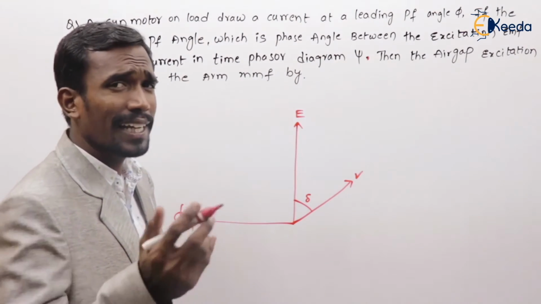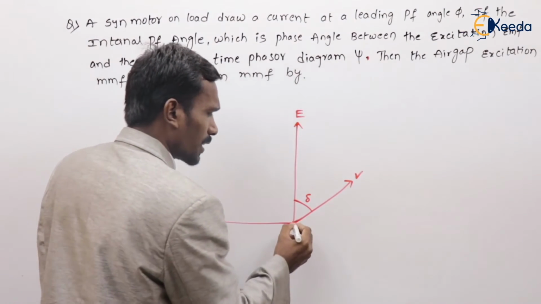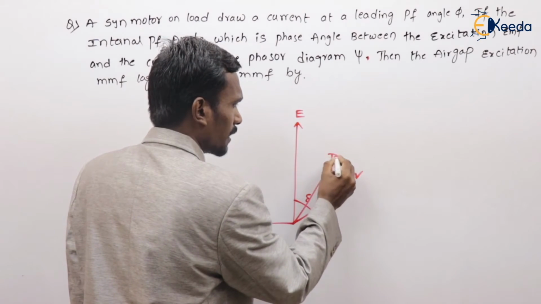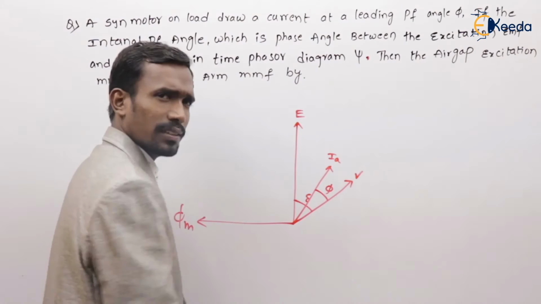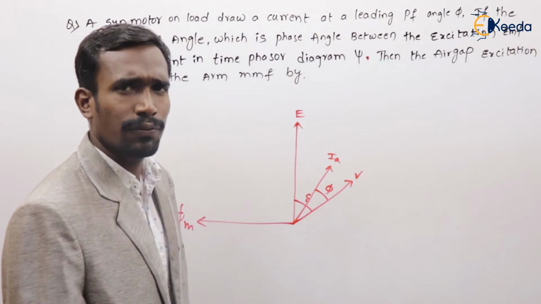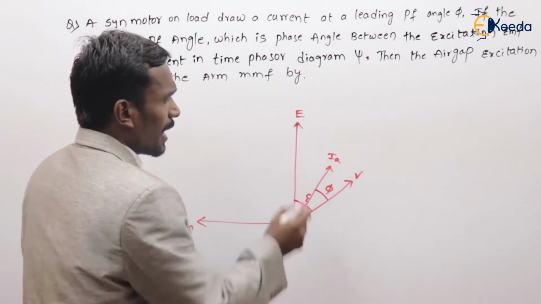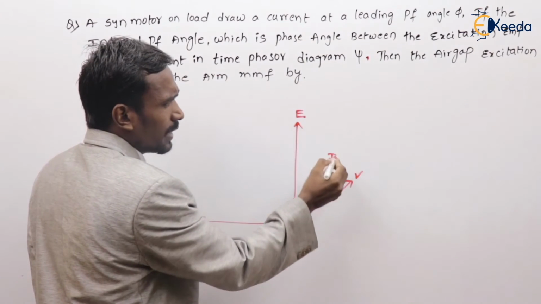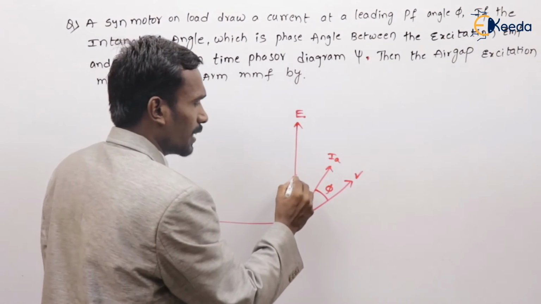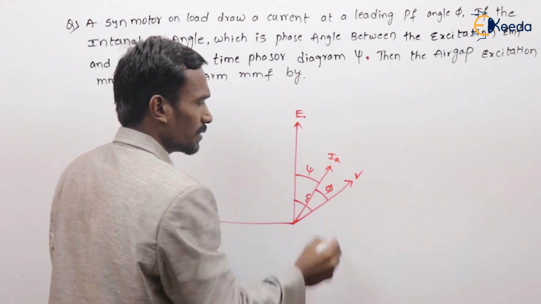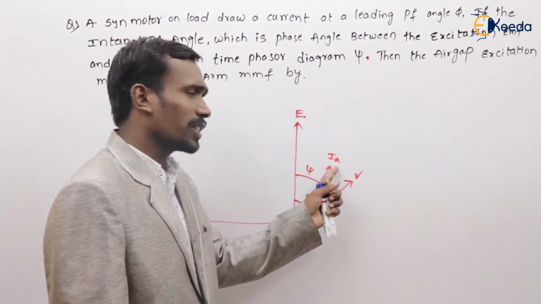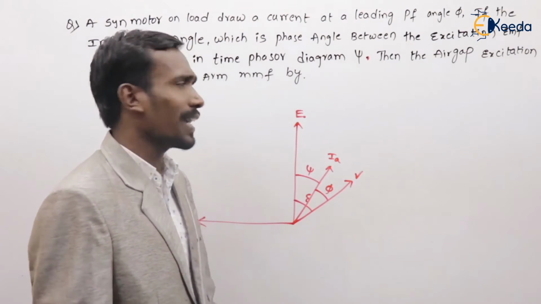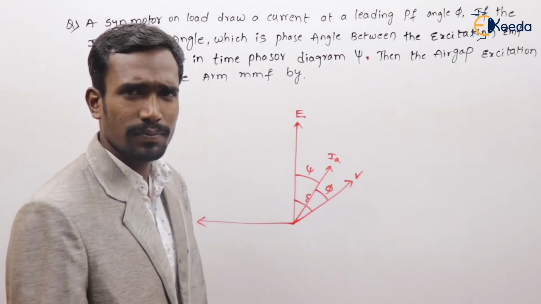But for leading load, this is my armature current with an angle phi. And the angle between EMF and armature current is psi.